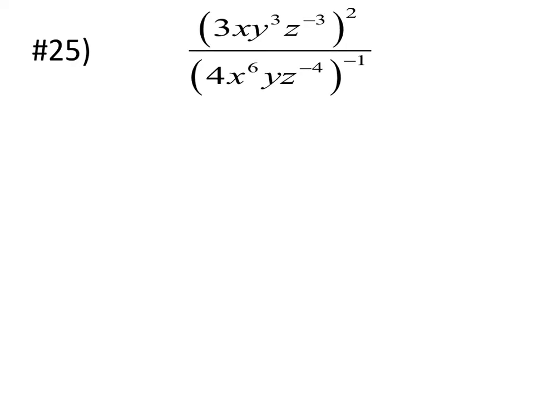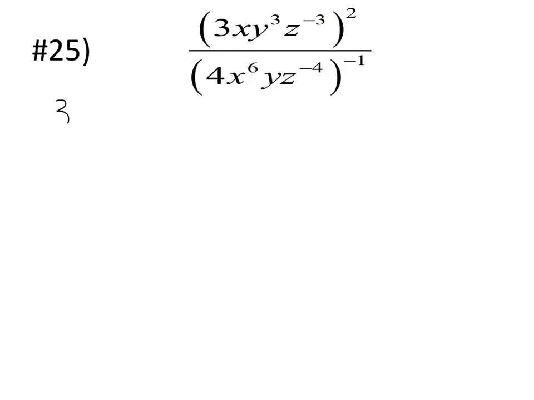Be careful here. Notice there's separate parentheses. It's not one big parenthesis. So the numerator is being squared, the denominator is being raised to the negative power. So let's go ahead and do it this way. We're going to give everything in the numerator a squared, everything in the denominator a negative 1.